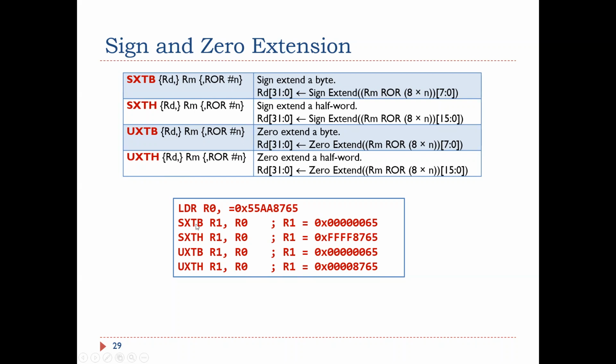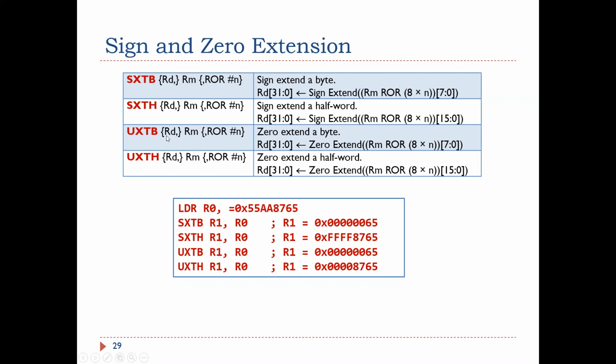If you do sign extension, you're just taking one byte here, 65, and then doing the sign extension. As you know, 6 in binary has the most significant bit as 0, so that will be extended, and that's why R1 will become 65 in byte 0, and the rest of them will be 0.